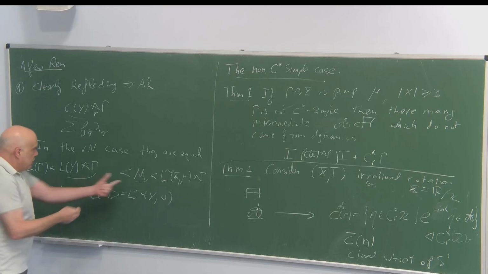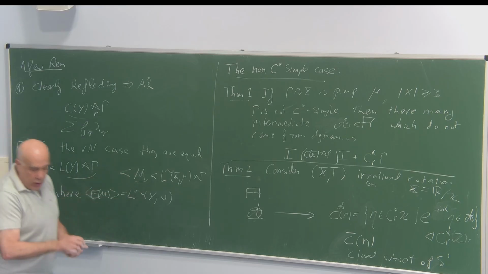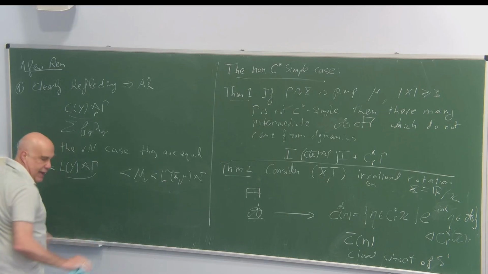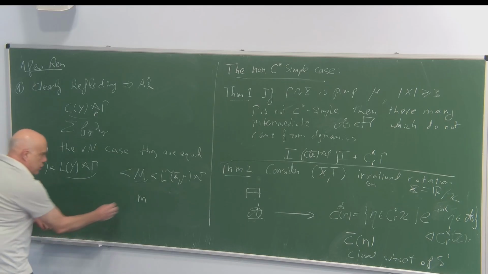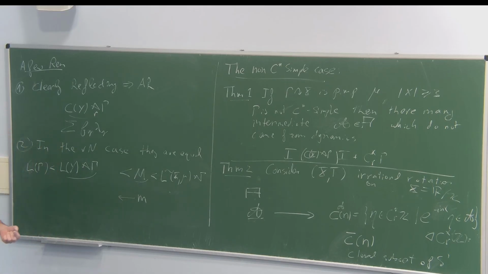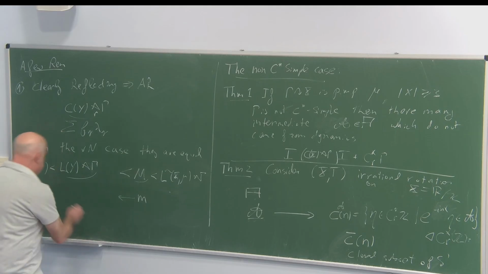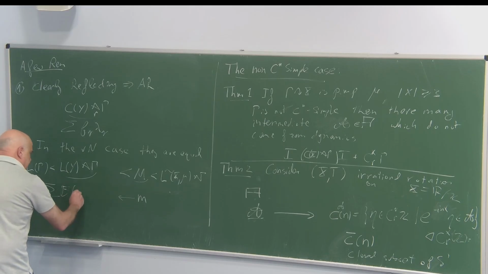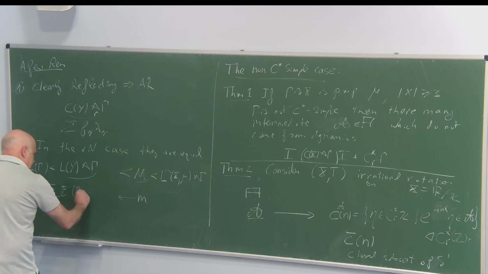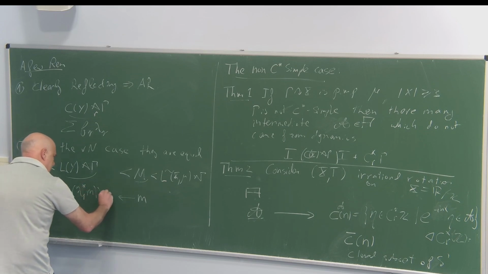And now I would want to show that these are equal, but indeed, if you take any M here, then what you can do is try to extract its Fourier coefficients. Namely, I can look at the sum over all gamma of E of lambda gamma star M lambda gamma.